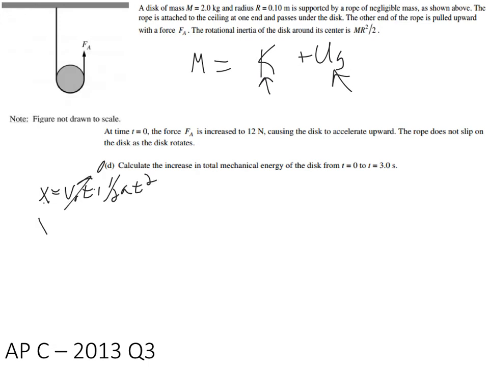That's 0. X equals 1/2 AT squared, where I'll just leave it as AT squared. Alright, so mechanical energy is the change in kinetic plus change in potential, the change in mechanical, 1/2 mv squared.